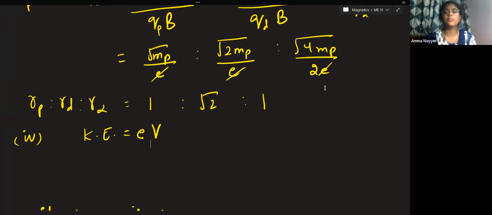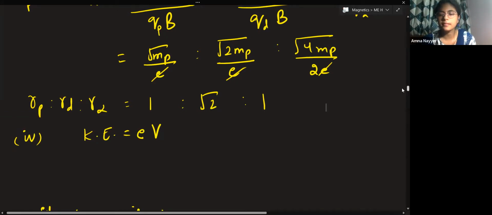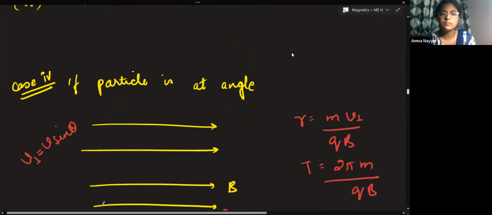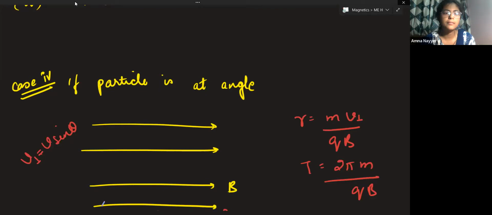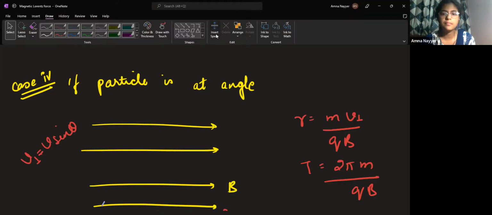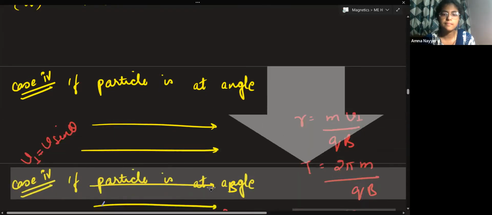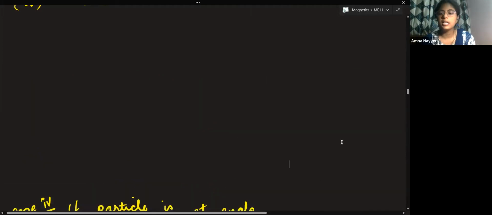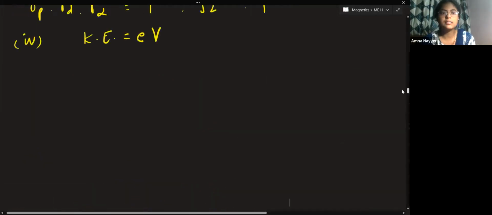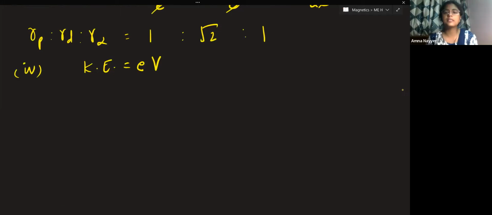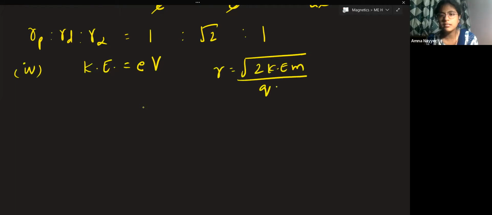So in the formula, R is equal to root 2 kinetic energy times mass divided by QB.